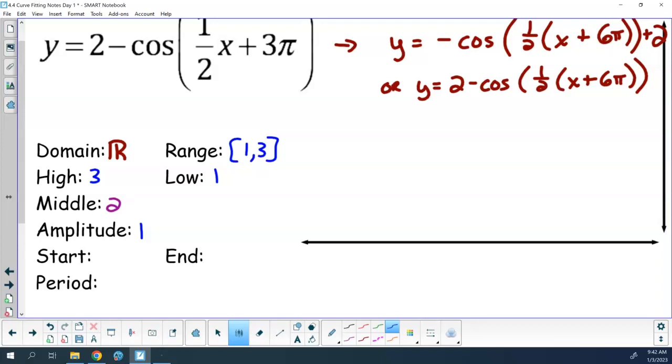Everybody good with that so far? My start is -6 pi. My period is 4 pi, which means my end is at -2 pi.